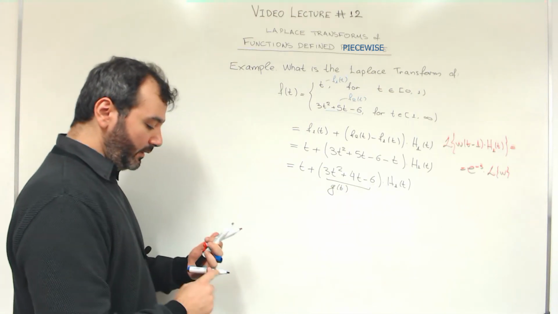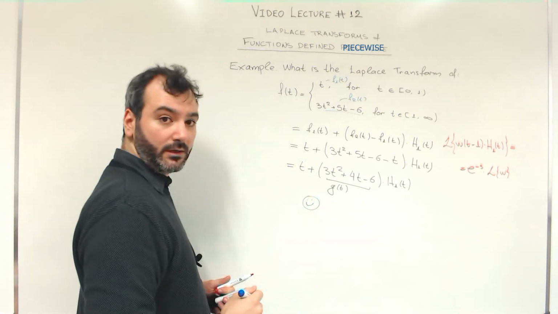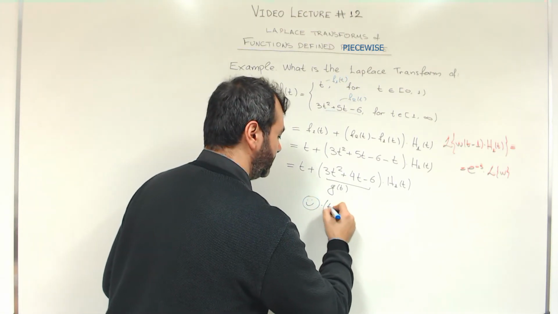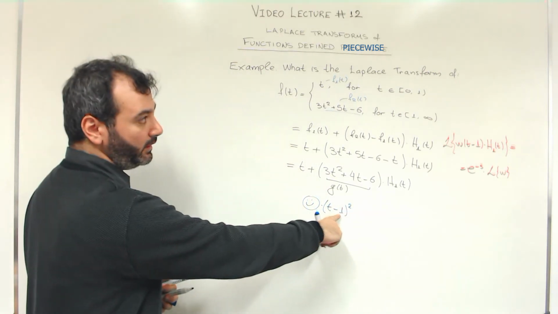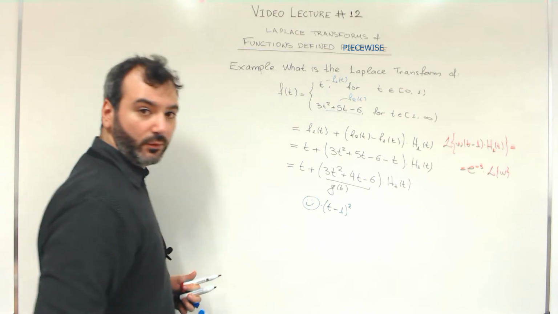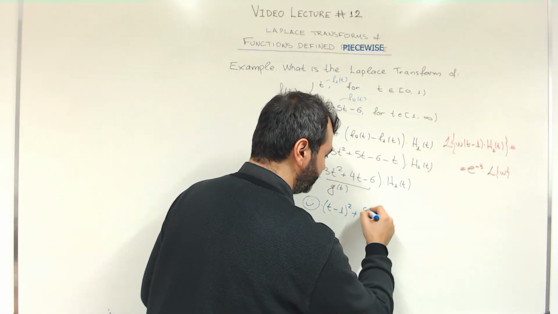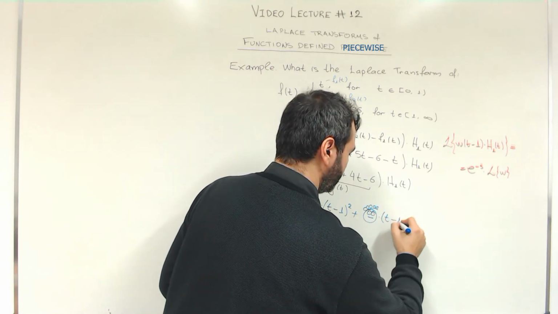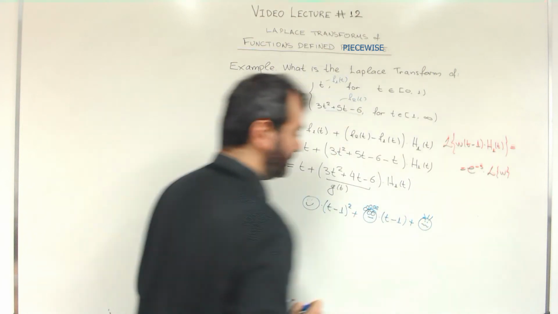We would love to have something like this: some number times t minus 1 squared, where 1 is the time instant where things change, plus some other number times t minus 1 plus some third number.